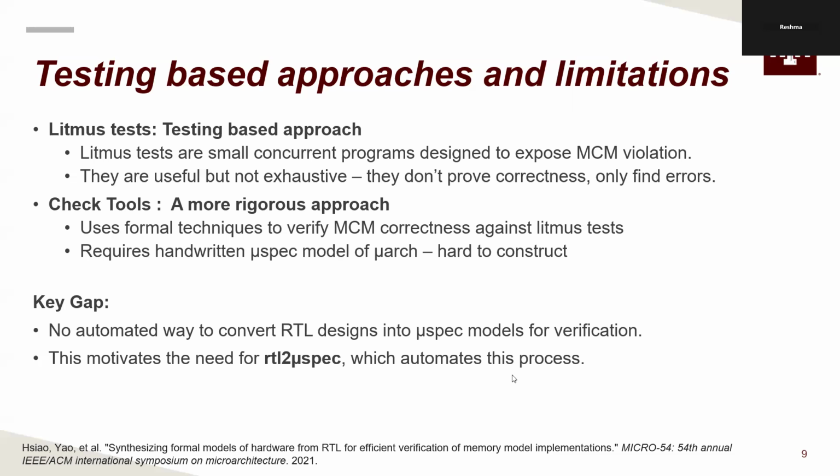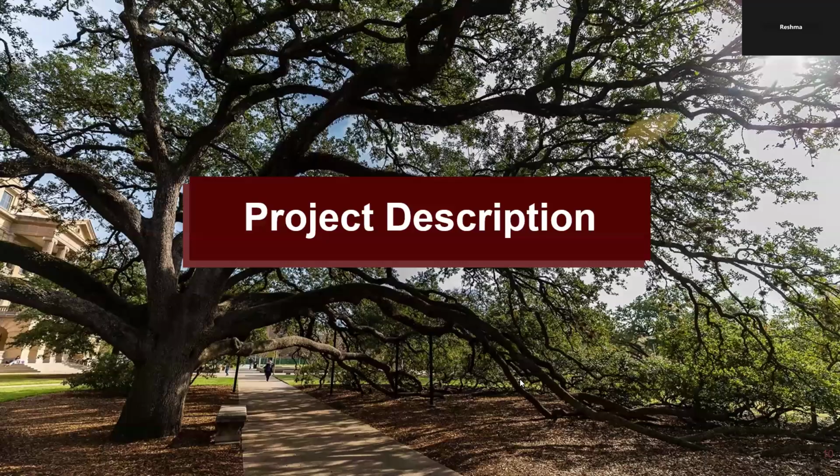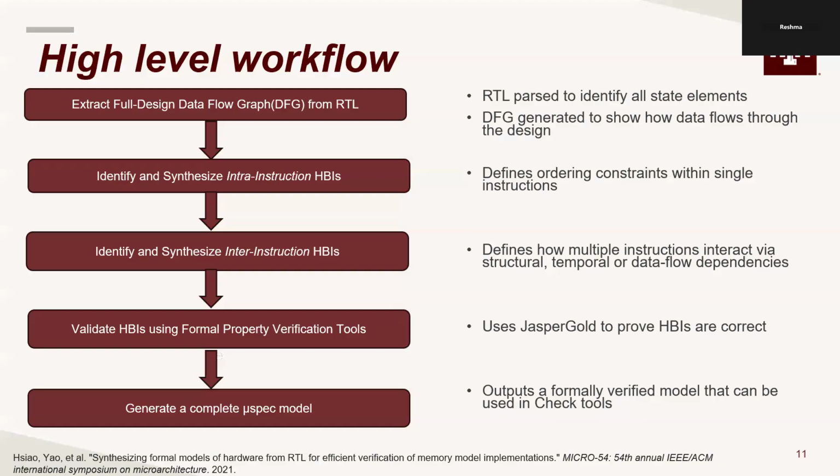Moving forward, now that we have an idea behind the motivation for actually designing this RTL2 microspec, let's see the step by step process for creating a complete microspec model. Here, the workflow begins with parsing the RTL to identify the state elements and construct the data flow graph, the DFGs, which represents the data flow across the design. Following this DFG extraction, intra-instruction HBIs are synthesized by identifying ordering constraints within individual instructions.